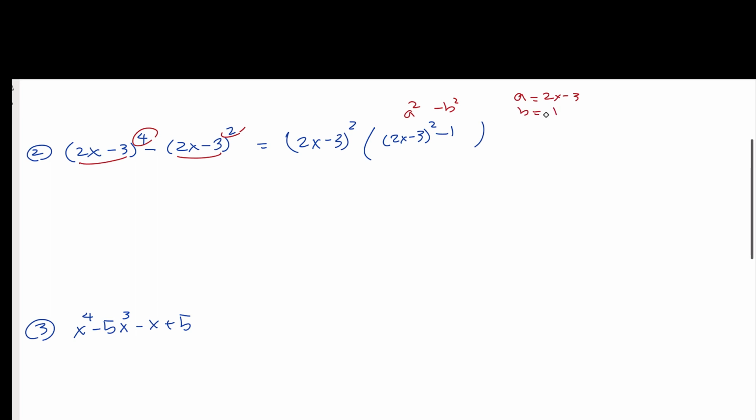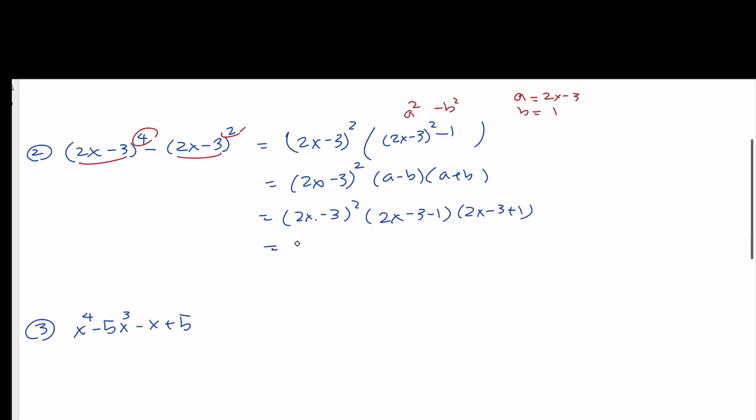And then I will have this 2x minus 3 to power 2 times a minus b times a plus b. Now replace the a and b, and you get 2x minus 3 minus 1, 2x minus 3 plus 1, so 2x minus 3 to power 2, 2x minus 4 times 2x minus 2.